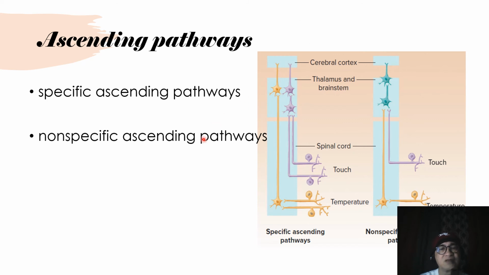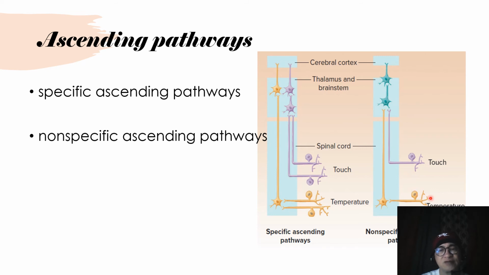And then you have the non-specific ascending pathways, which constitute clusters of nerve fibers that are activated by sensory units of several different types of stimuli. These pathways signal general information such as skin pressure, heat or cold to polymodal neurons. This pathway is important to the control of alertness and arousal.